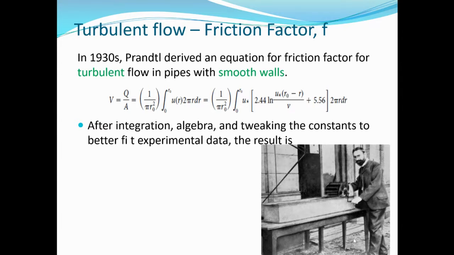The equation started from V equals Q over A, and the flow rate was substituted into the area, and then after integration, applying algebra, and tweaking the constants to better fit experimental data, that makes it somehow empirical, because it deals with the experimental data.